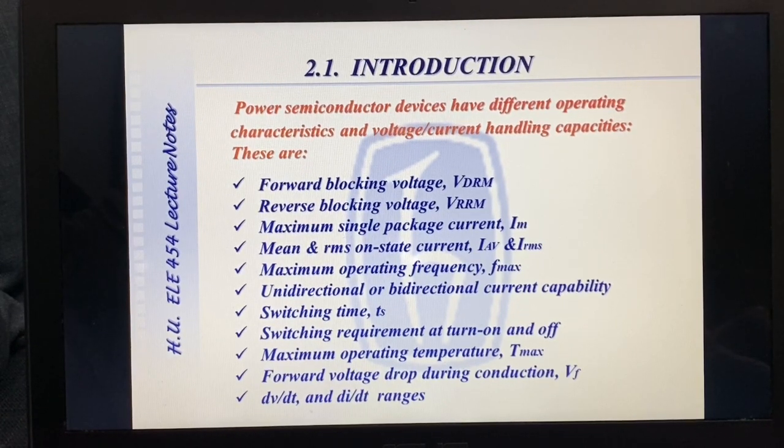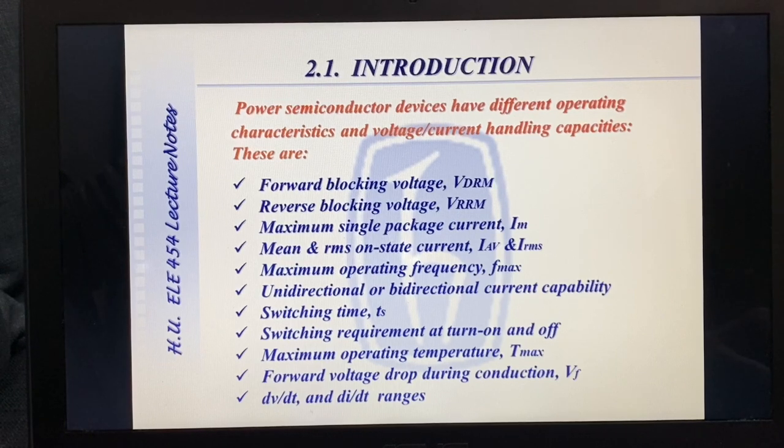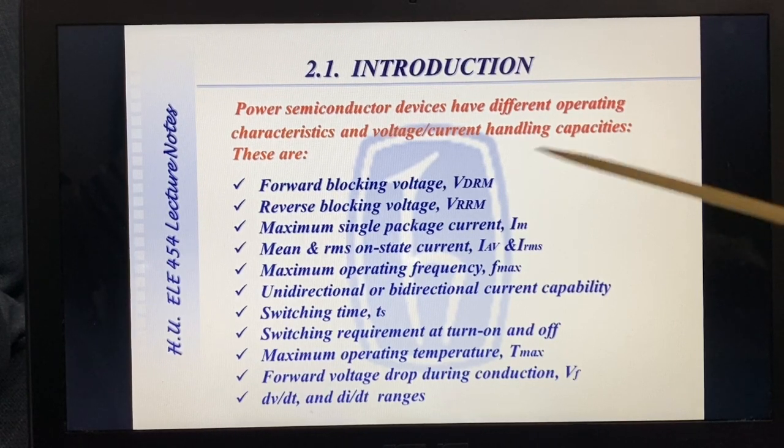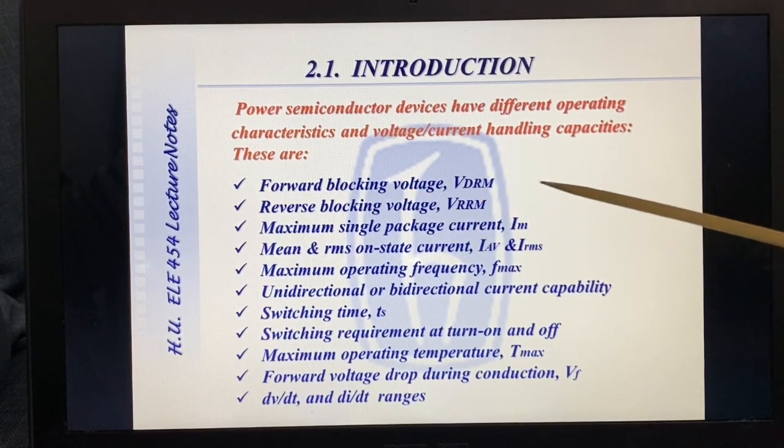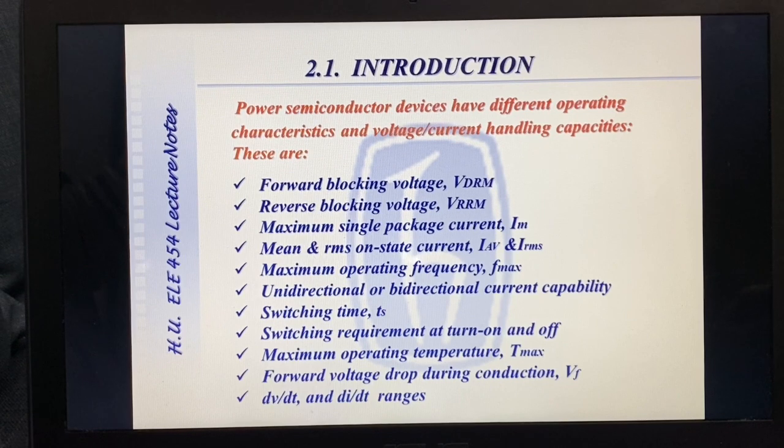So when you choose a power semiconductor device, you will need to know the following parameters. The forward blocking voltage required by the device. So how much voltage will your semiconductor device be subject to during operation in the off state.